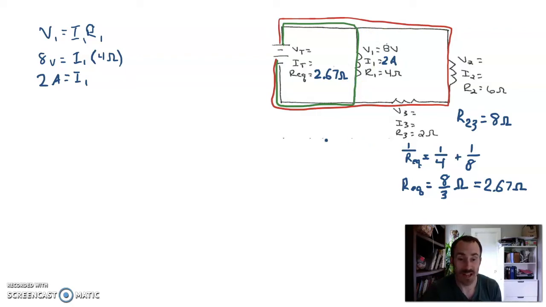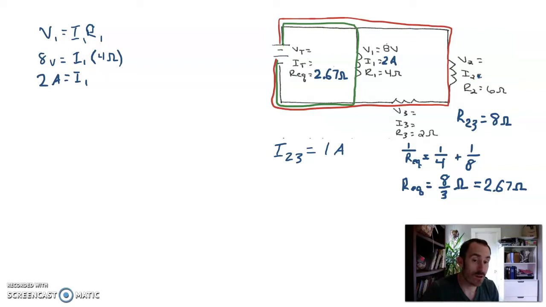And so then we can say that I23, or the current traveling through resistor 2 and resistor 3, is going to be half of the current traveling through resistor 1, which is 1 amp. So that's the current in the red path.